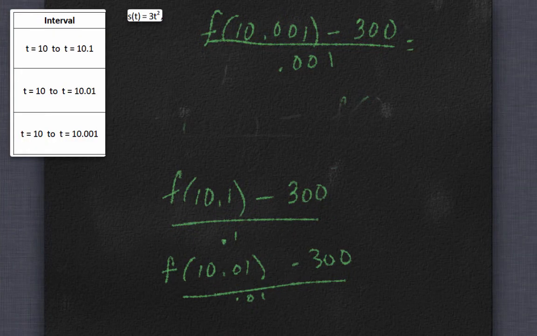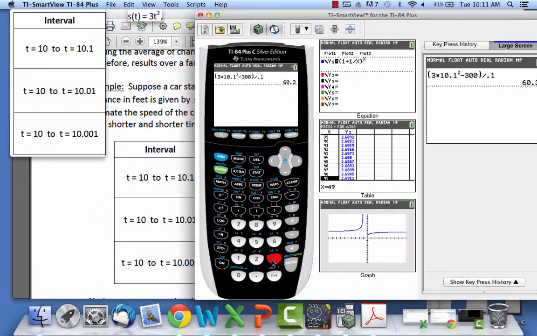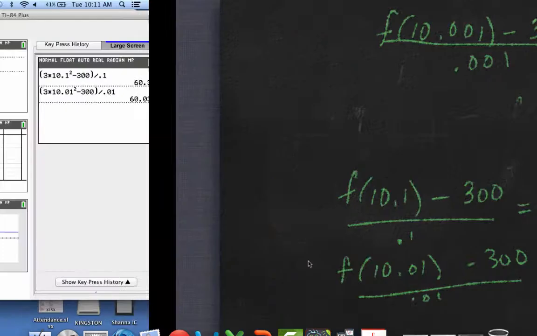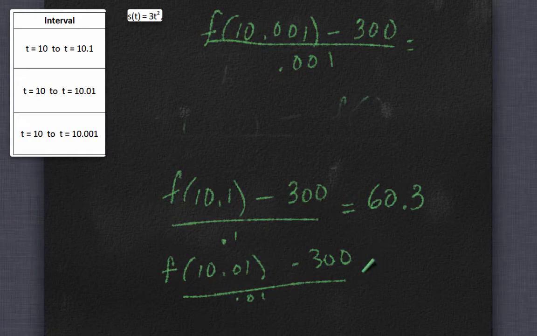That gives 60.3. And then I'm going to do 3 times 10.01 squared, and that gives 60.03.